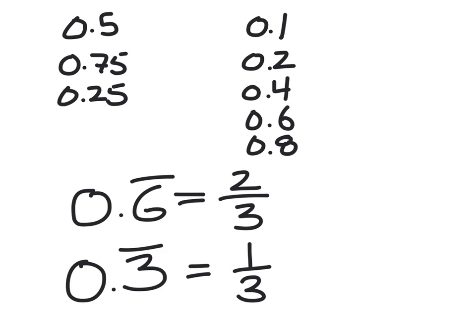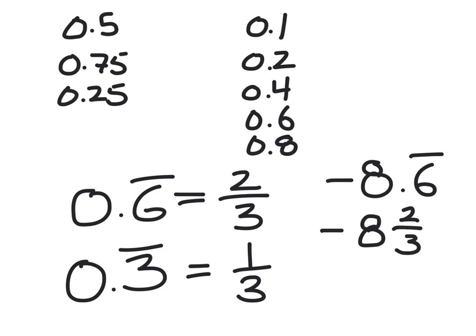So what may happen is you may see something like -8.6 repeating, and there'll be some operations on this thing, but you'll need to change this into a fraction, which means first you're going to need the mixed number, which is 8 and 2/3, and then you would change this into an improper fraction in order to operate with it.